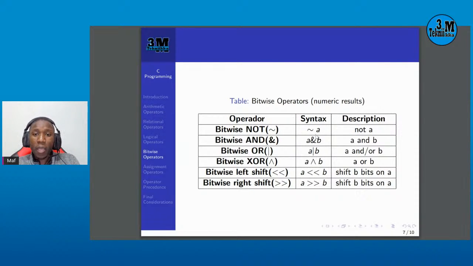When you're talking about bitwise, you have to think of the number as binary. You think of all the bits of this number A, and the negation is applied to each single bit.